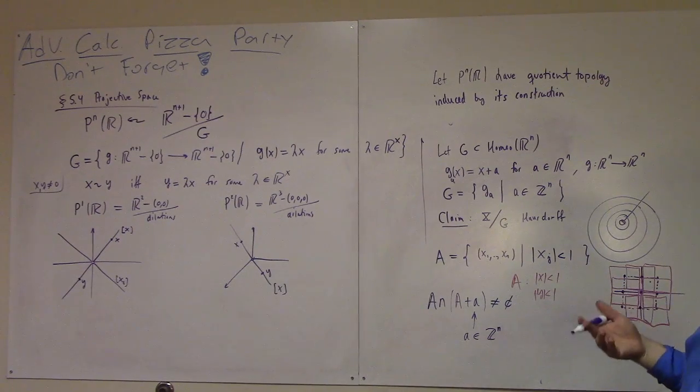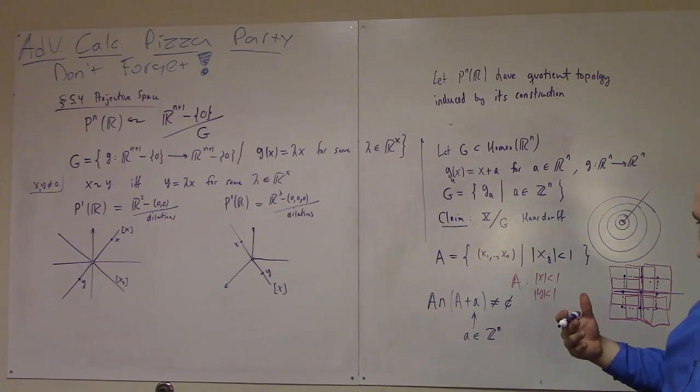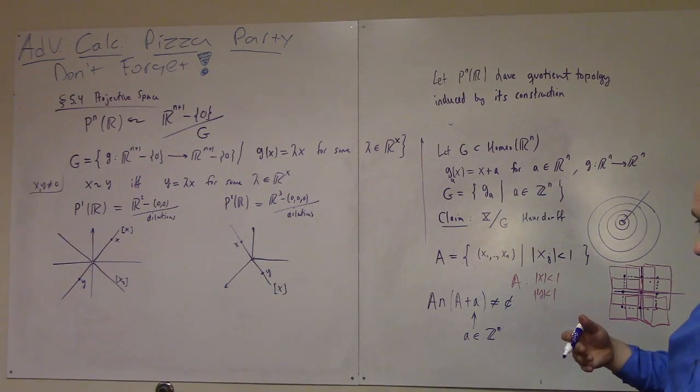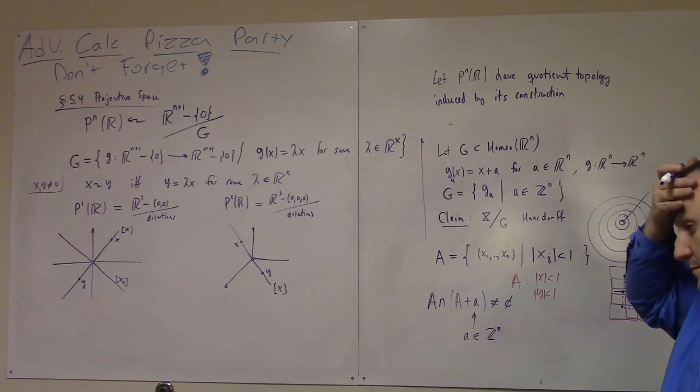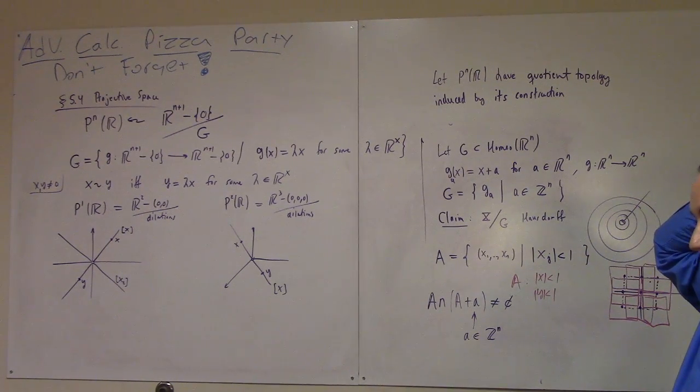In other words, it's the topology which makes the canonical projection map onto the G orbits of the dilations open. So what does an open set look like in projective one space, for example? What would it mean for a set to be open in P1R?